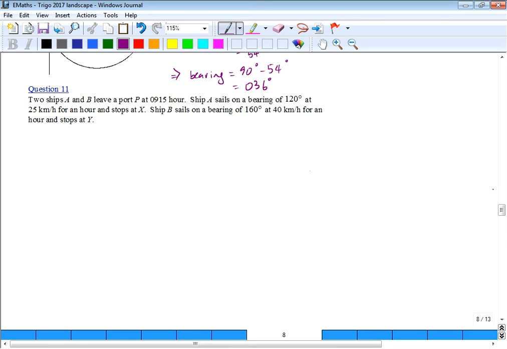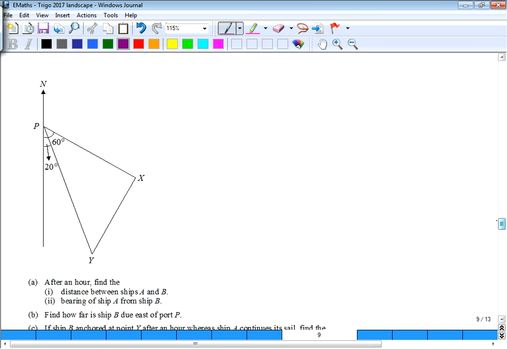They are sailing different direction, different speed. 1 hour later, they reach X and Y. So actually, I can find out the distance of PX, 25 kilometers, and PY, 40 kilometers, because the speed is 25 kilometers per hour and 40 kilometers per hour respectively. After 1 hour, they reach X and Y. Find the distance between the 2 ships.